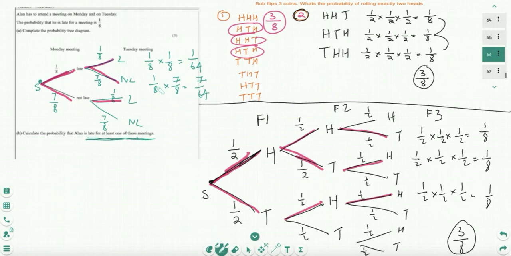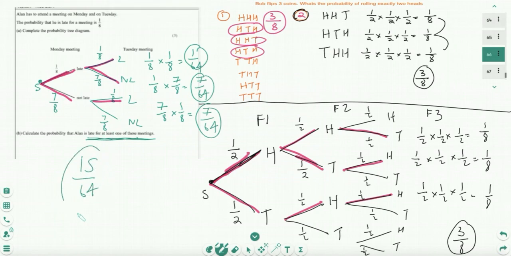He's at least late once there. Let's combine that. So 7/8 times 1/8 is 7/64. And then now we have to combine these answers by adding them. So 1/64 plus 7/64 plus 7/64 is 15/64. Okay? And that's how you use a probability tree to help you solve this problem. Alright? Next page.